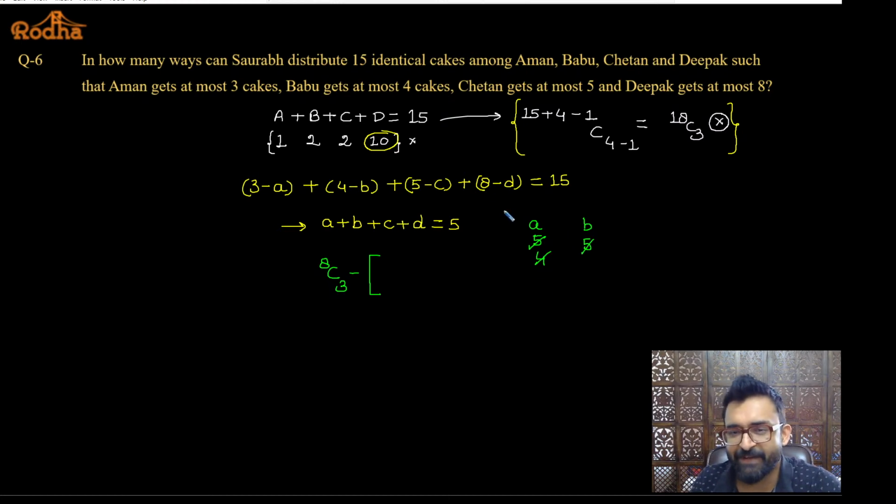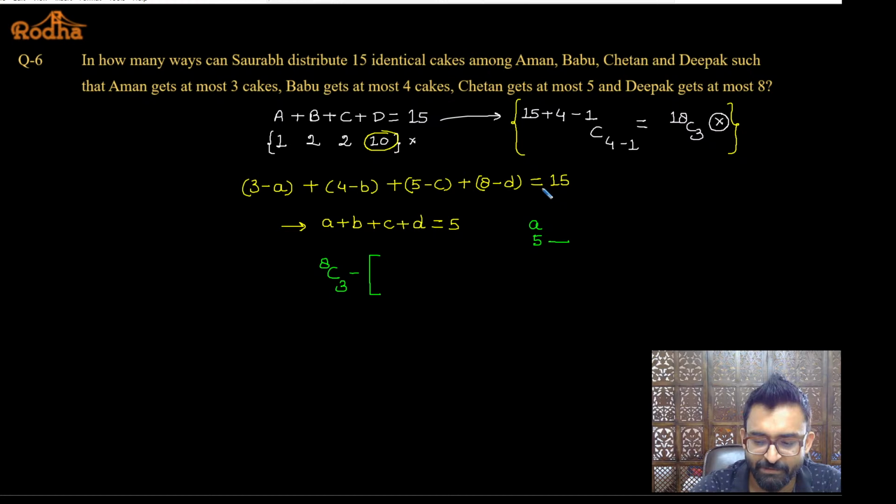So if A is 5, this is the case, A is 5. What are the cases in which A is going to be 5? How many cases in which A is going to be 5? Adil, tell me, in how many cases A is going to be 5?